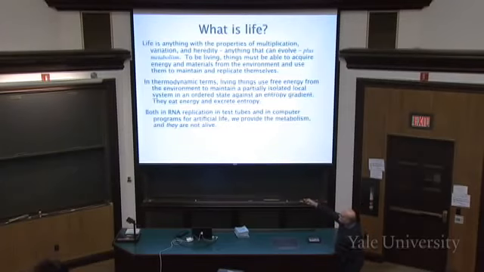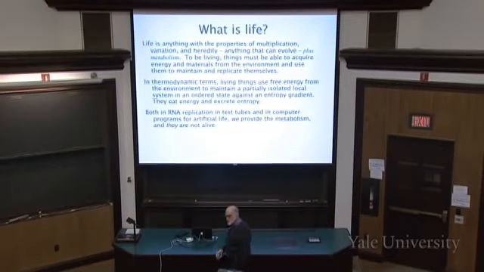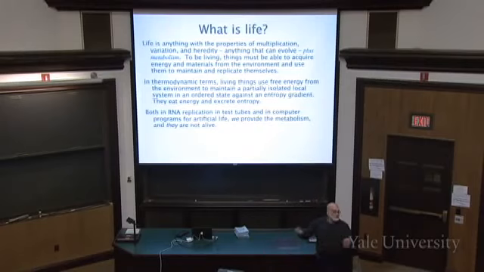And in programs for artificial life, the things that are evolving in the computer are actually getting their energy basically from the electrical cable that we've got plugged into the wall feeding the computer. So if you can get, independent of any human intervention, any system that's got multiplication, variation, and heredity, so the basics to make natural selection work, and you can arrange metabolism, then it's going to start to evolve, and it will be alive.